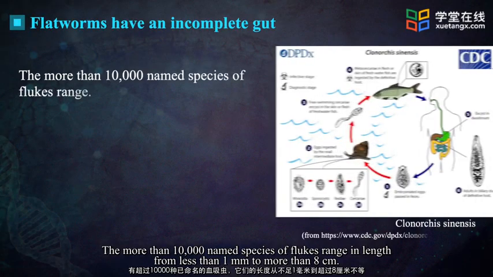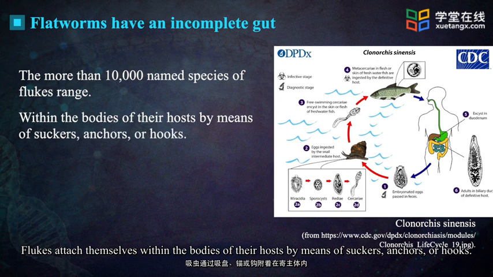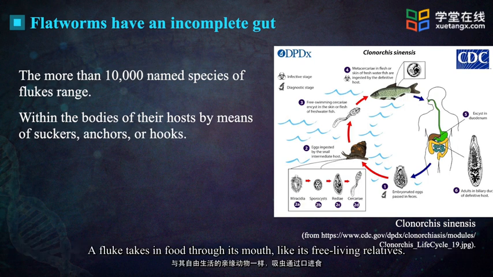The more than 10,000 named species of flatworms range in length from less than 1 millimeter to more than 8 centimeters. Flukes attach themselves within the bodies of their hosts by means of suckers, anchors, or hooks. A fluke takes in food through its mouth, like its free-living relatives.